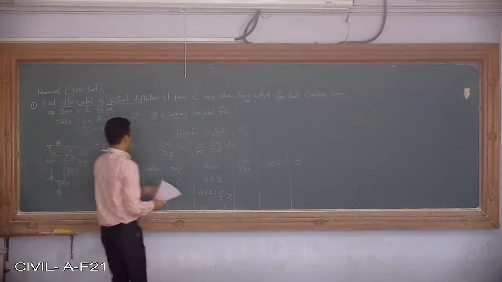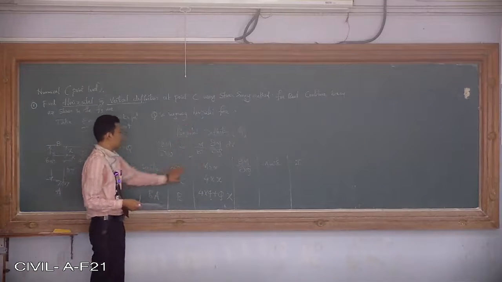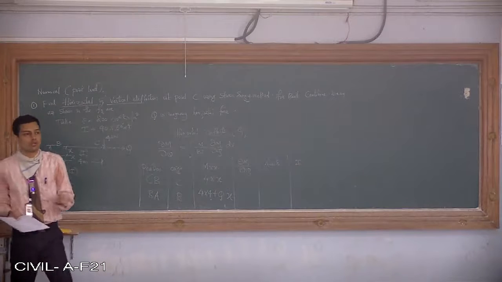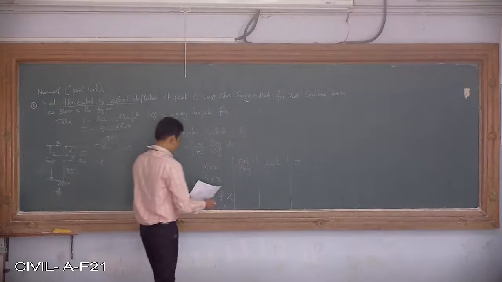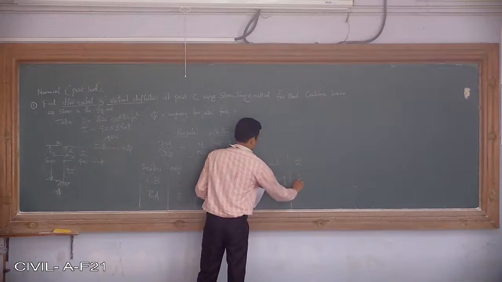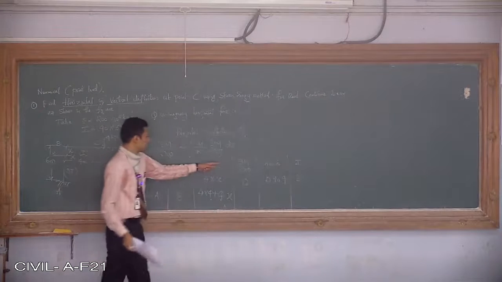When you are finding horizontal deflection, the first span leads to 0 because you don't have the Q variable, so the derivative will be 0 here. That is one shortcut way to reach the solution.